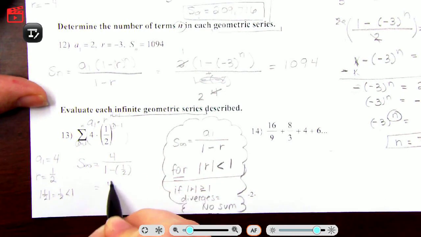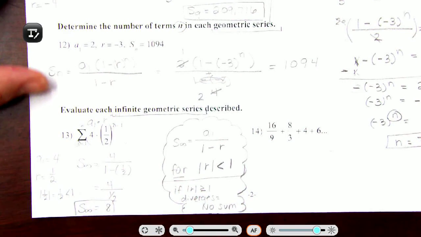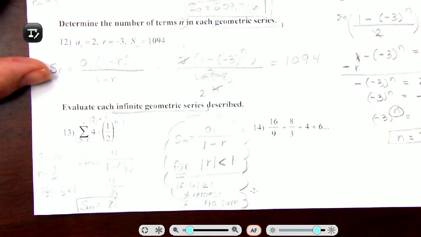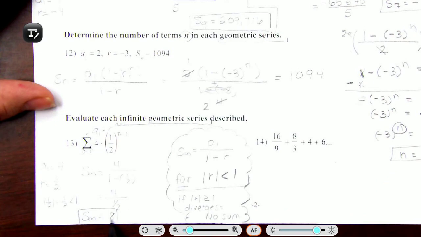So I have 4 divided by 1/2, and that should equal 8. So as the geometric series approaches infinity, as n gets exponentially large, we get closer and closer to 8.